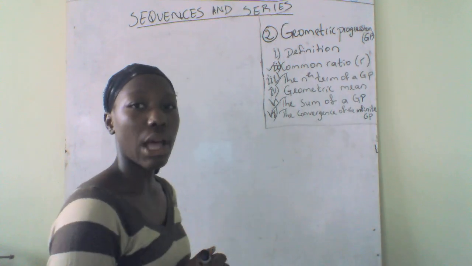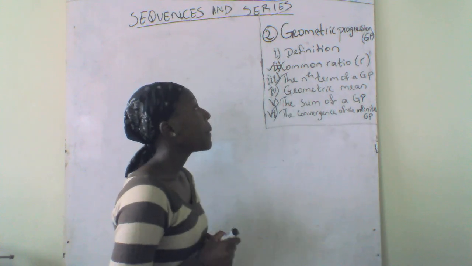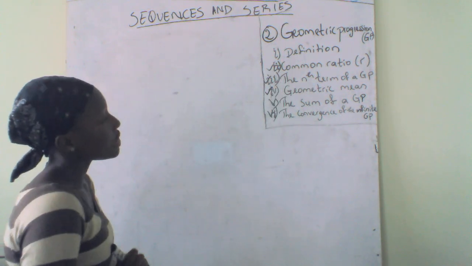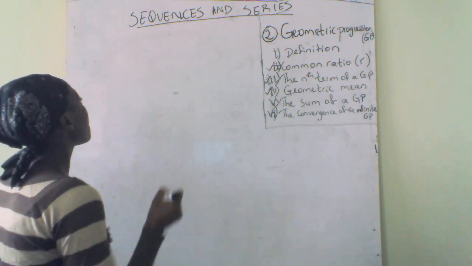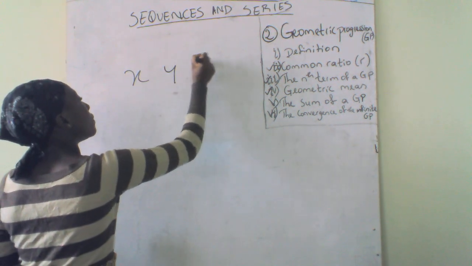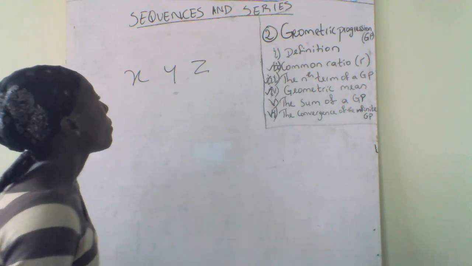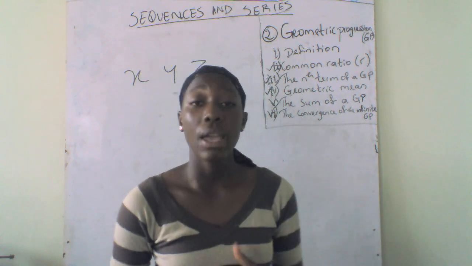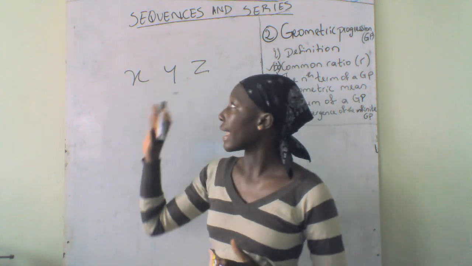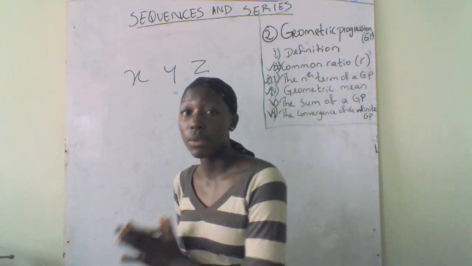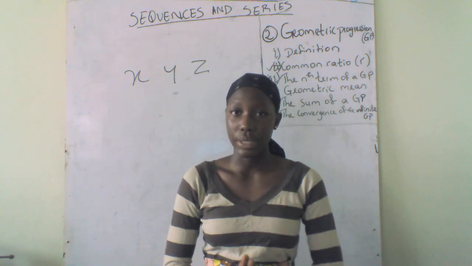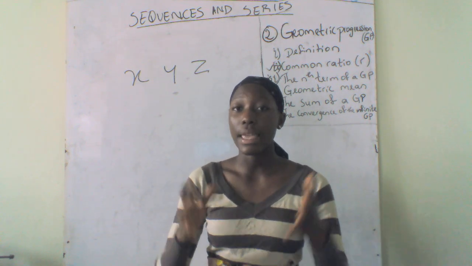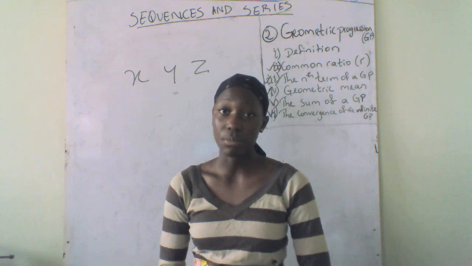Now let's look at what we call the geometric mean. Let's take for example 3 consecutive terms of a GP. When we say they are consecutive terms of a GP, it means that there must exist a common ratio. If maybe it is said they are consecutive terms of an AP, then it is instead a common difference that must exist between them.